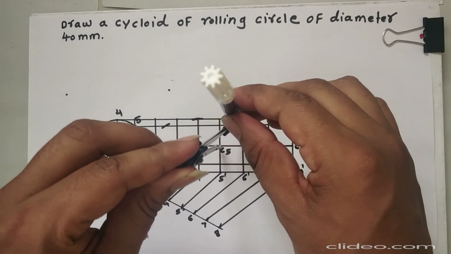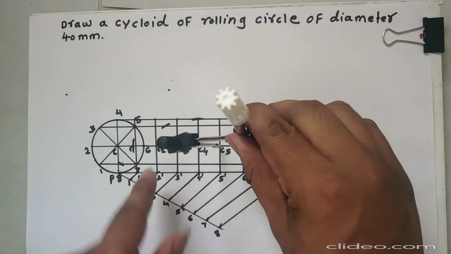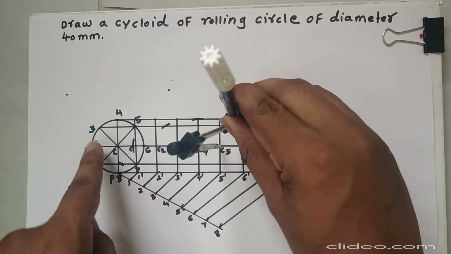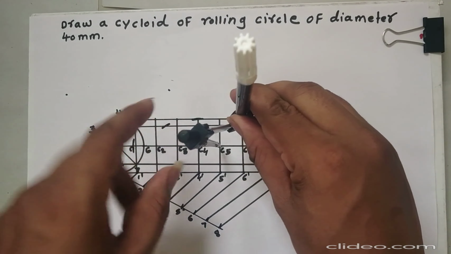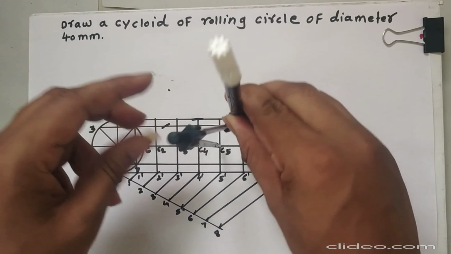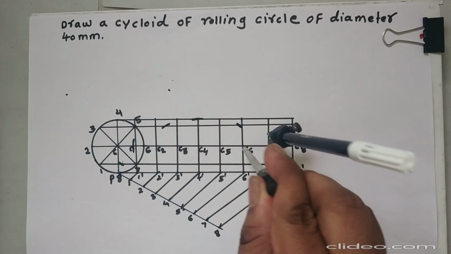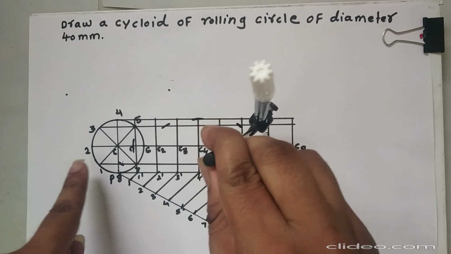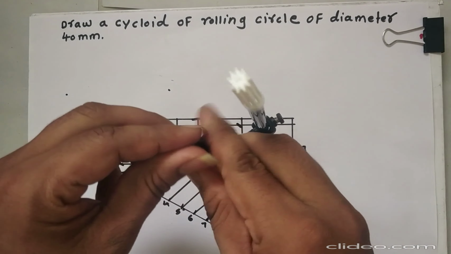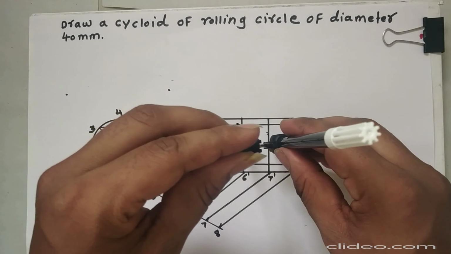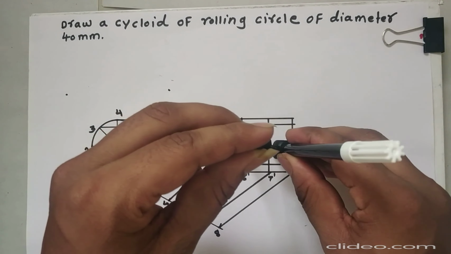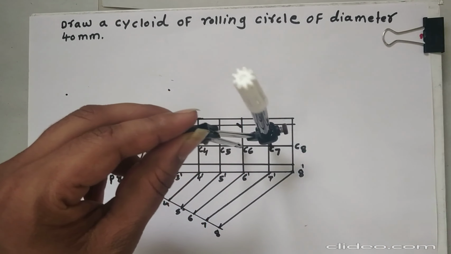So use this reference line C5 and cut the arc. Next consider the C6 point and this 2, 6 horizontal line, and cut that line over here.